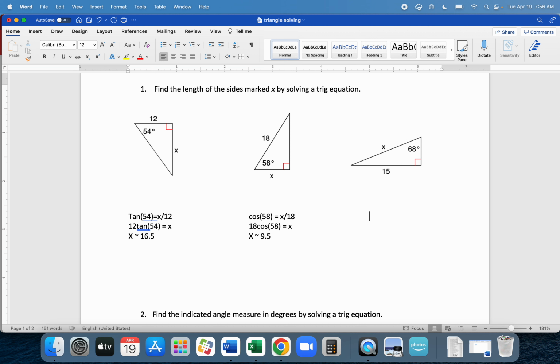To get the x by itself, divide by that. Or in other words, we end up with x equals 15 over the sine of 68. So that'd be the exact form. Sine of 68 equals 15 over x, so x equals 15 over sine of 68, which should be a little over 16, 16.2.